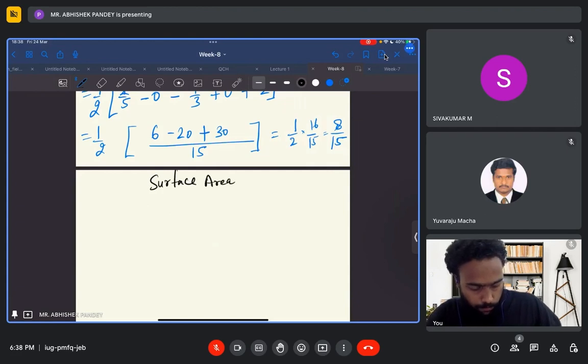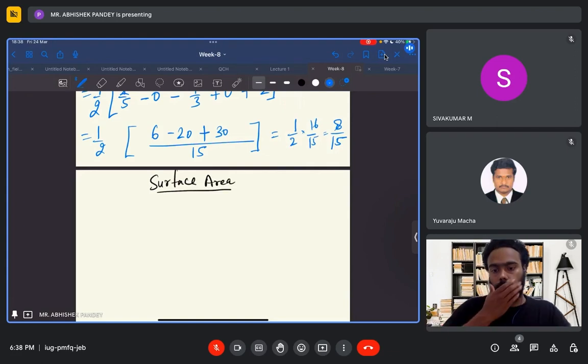So basically, surface area is a generalization of a concept which is known as the length of the curve. So basically, it is a generalization of the length of the curve.